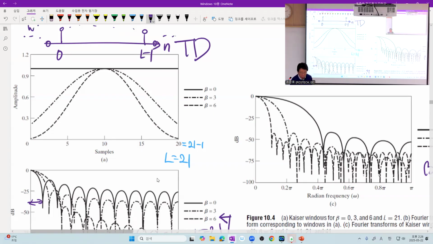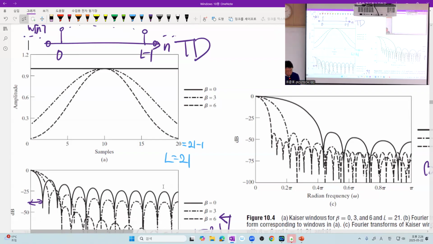So W of n is a discrete time signal that is a sampled version of this one. And it includes the rectangular pulse as a special case with beta equals 0. And if you choose larger and larger values, it has a tendency to suppress the edges of this rectangular window more and more. Got it?